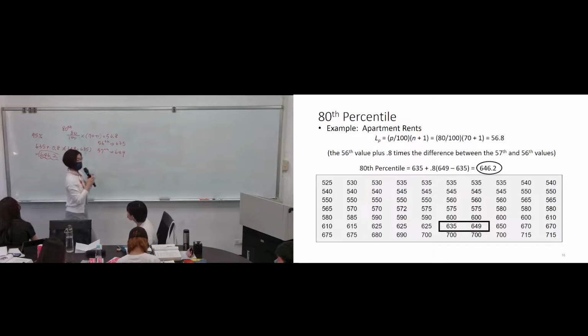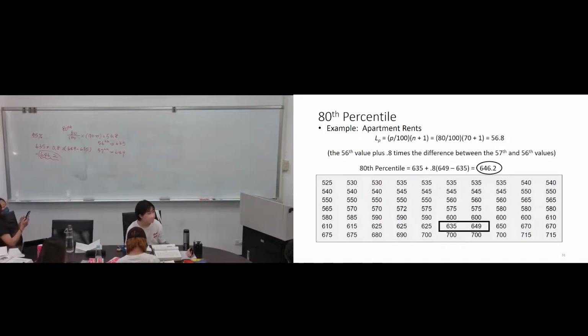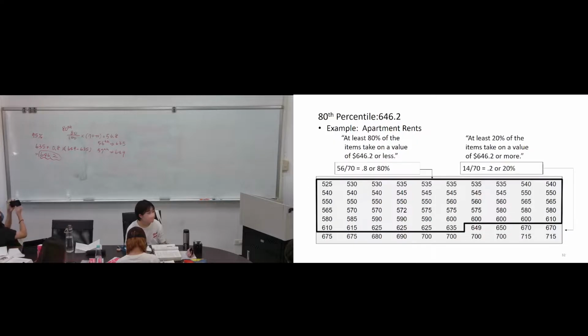So that's the 80th percentile. So at least 80% of the items take on the value of $646.20 or less, and at least 20% of the items take on the value of $646.20 or more.